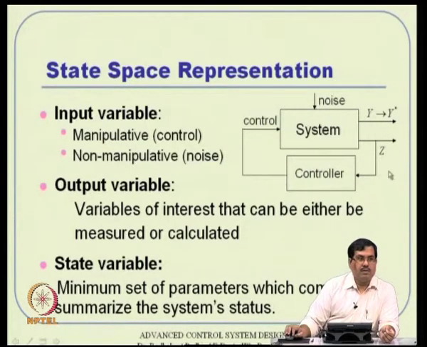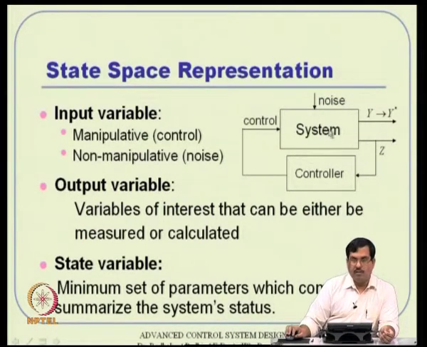This is something that you measure by sensor, then take it to the control algorithm, then your control input is computed, then it is fed back to the system. So, this z that you see here need not be y, it can be the same as y, but it need not be y in all applications. So, there are two types of inputs, noise input and control input, and two types of outputs as well.